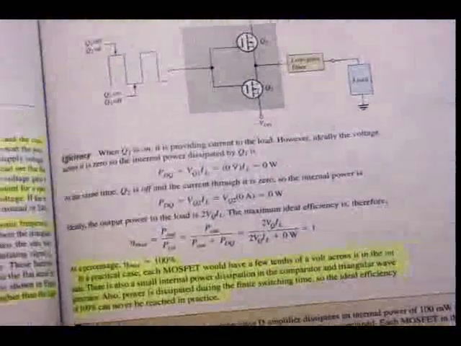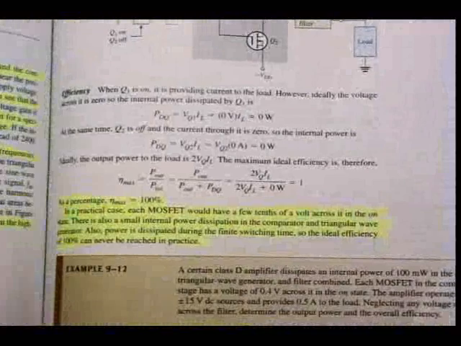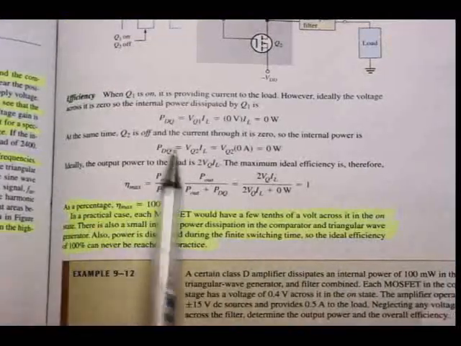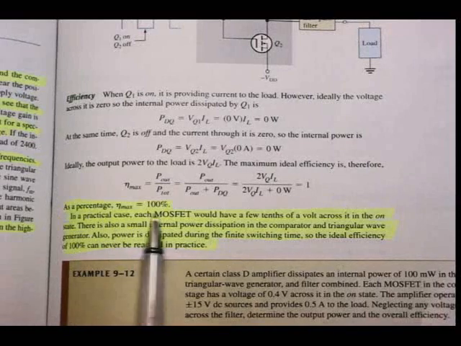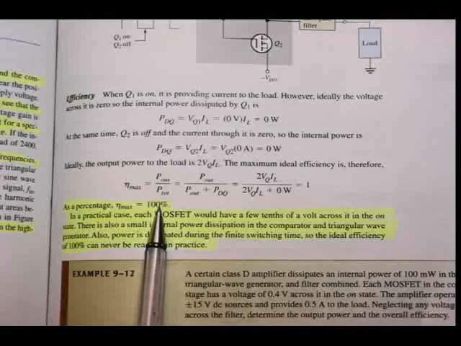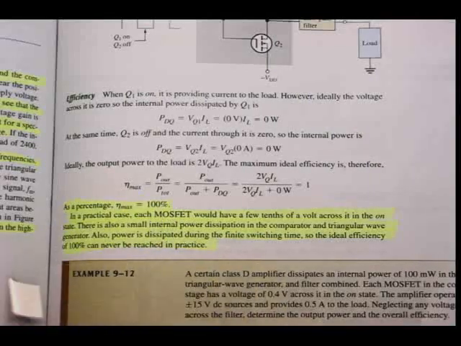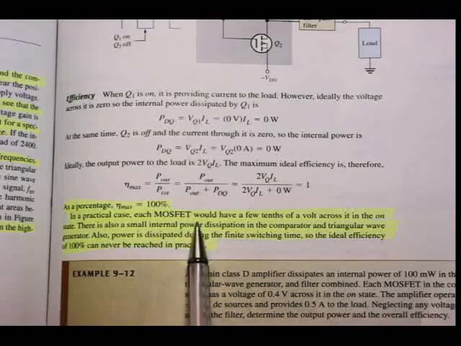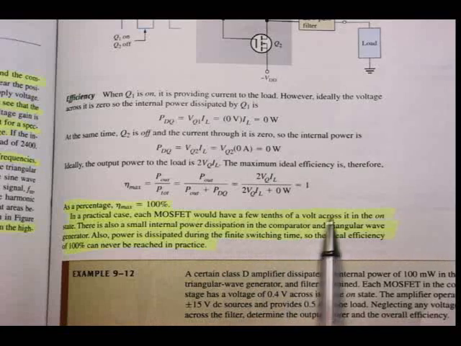All right. So, as we can see here at the bottom, just below figure 9.29, the efficiency was 100%. But please mark that last paragraph as well, where it says, in a practical case, each MOSFET would have a few tenths of volts across it in the on state.